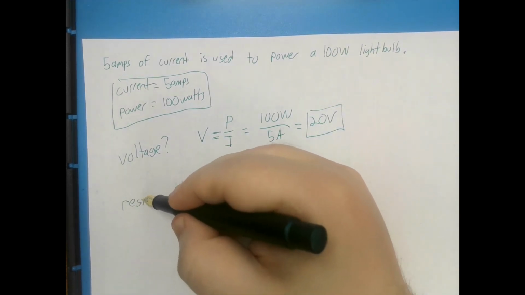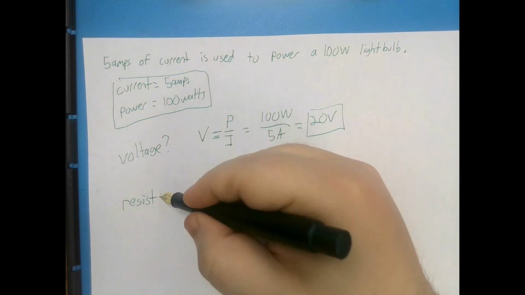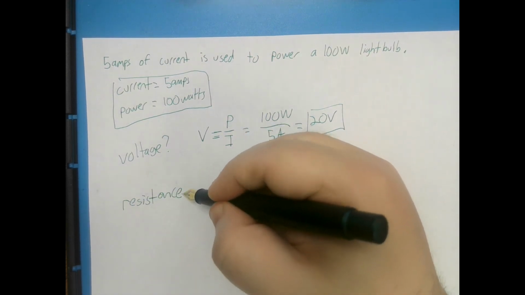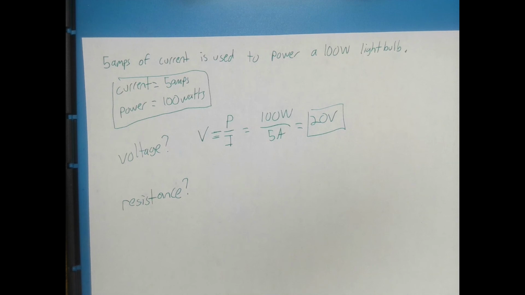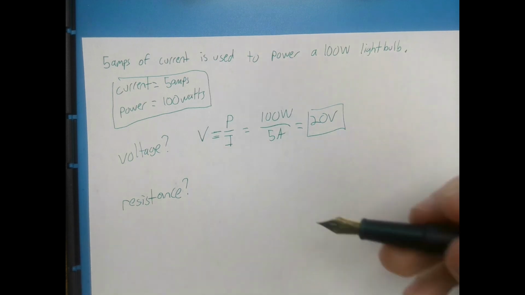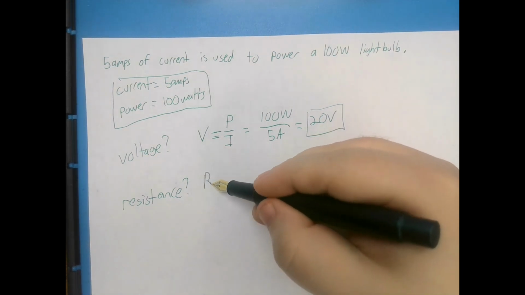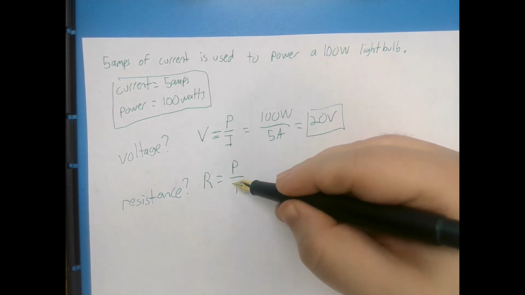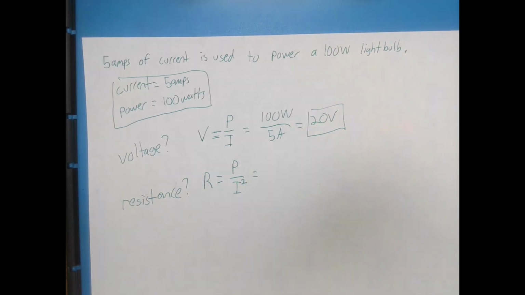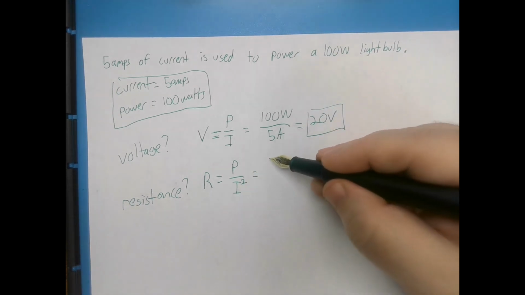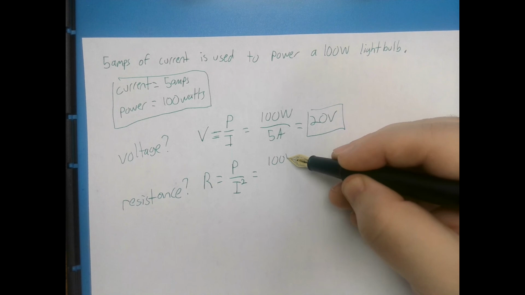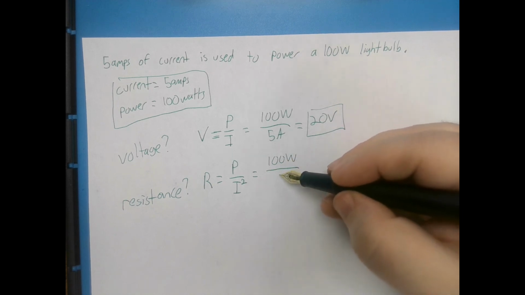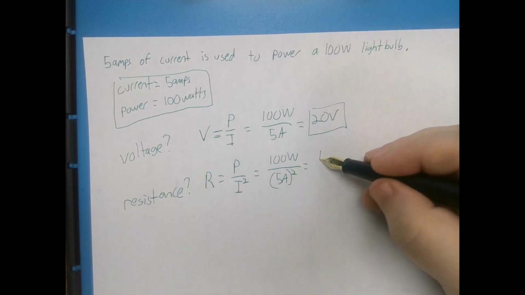What about resistance? Looking at the formula sheet, resistance is equal to power divided by current squared, where power is 100 watts and current is 5 amps, but we square the current.